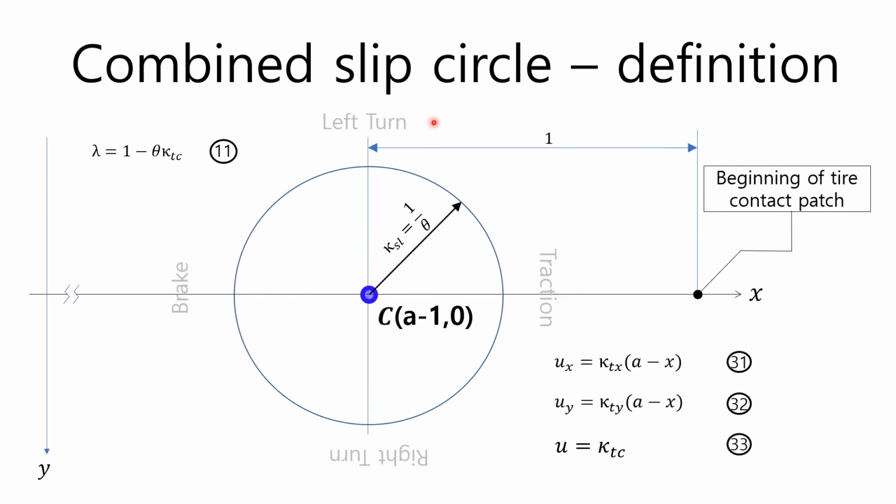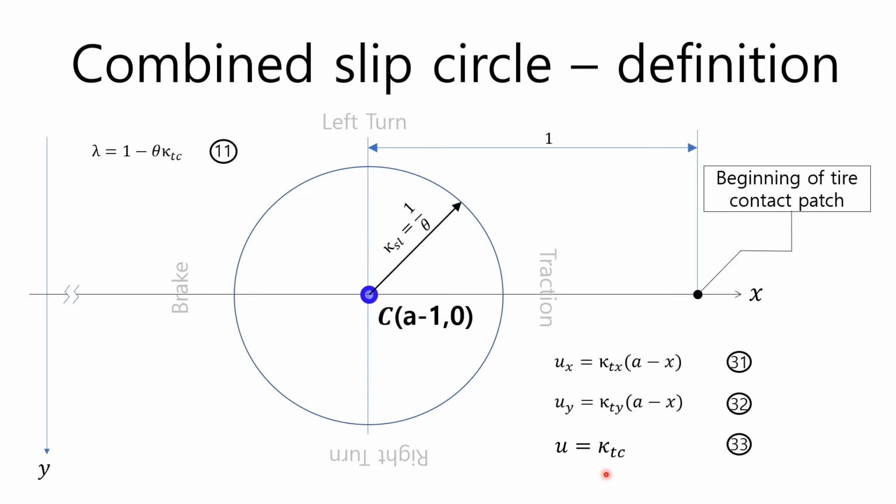Since the center of the combined slip circle is separated by unit length 1, the x-component of point C is a-1. Substituting x with a-1 in the equations 31 and 32, we end up with the result that ux and uy equal kappa tx and kappa ty, respectively, and accordingly, their vector sums, displacement u and combined slip kappa tc, have the same numerical value.